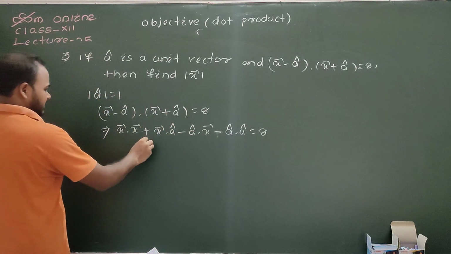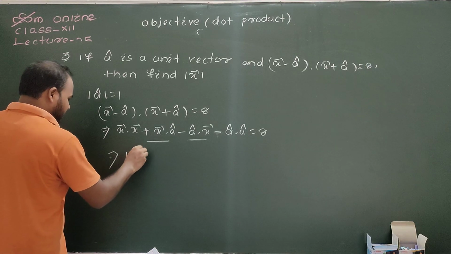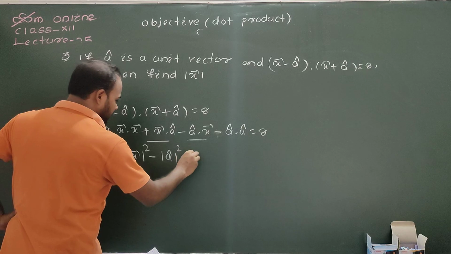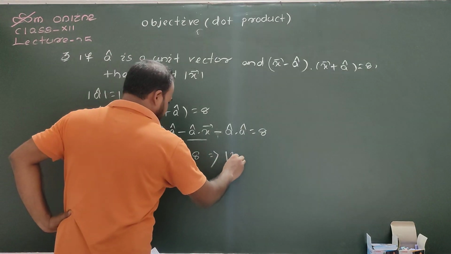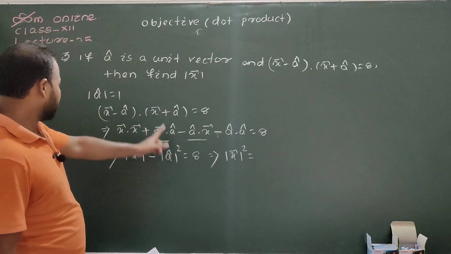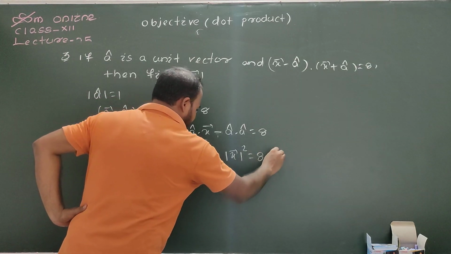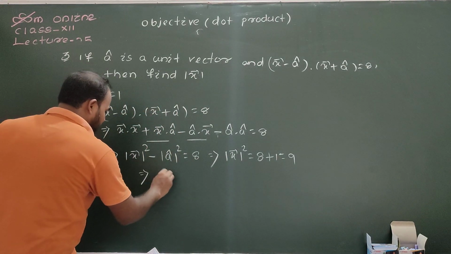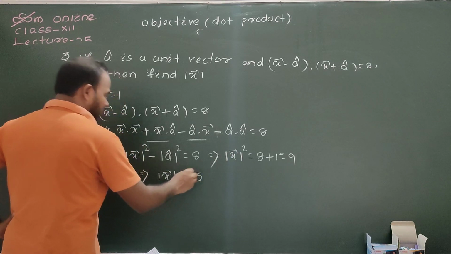The plus and minus terms cancel, so we get the magnitude of vector x square minus a cap square equal to 8. That implies the magnitude of x whole square equals 8 plus the magnitude of a cap square, which is 1, so 9. Then the magnitude of vector x equals 3.